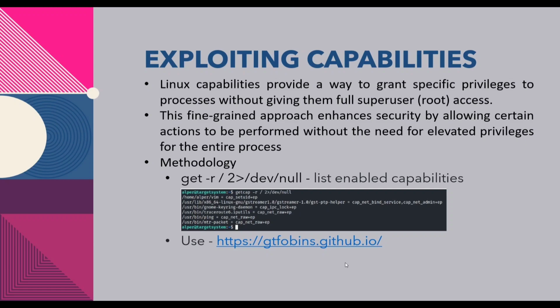Suppose a SUID bit is set on the file, then it is like a master key that opens all the doors in the building, meaning you will get full root access. But if you are talking about capabilities, then you only get an individual key for a specific room or function within the building.